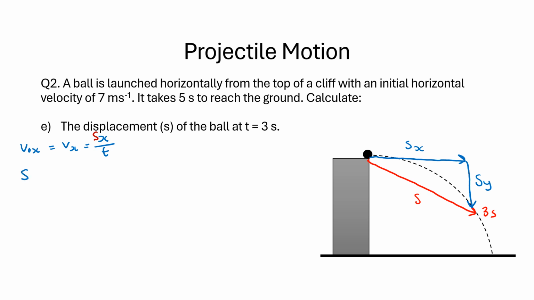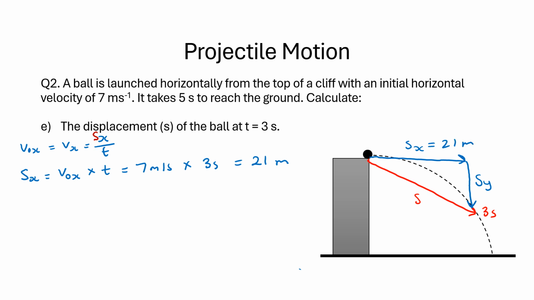Sx equals v naught x times the time. V naught x is equal to 7 meters per second and the time is 3 seconds. So 7 times 3 is equal to 21 meters. Now I know Sx equals 21 meters.